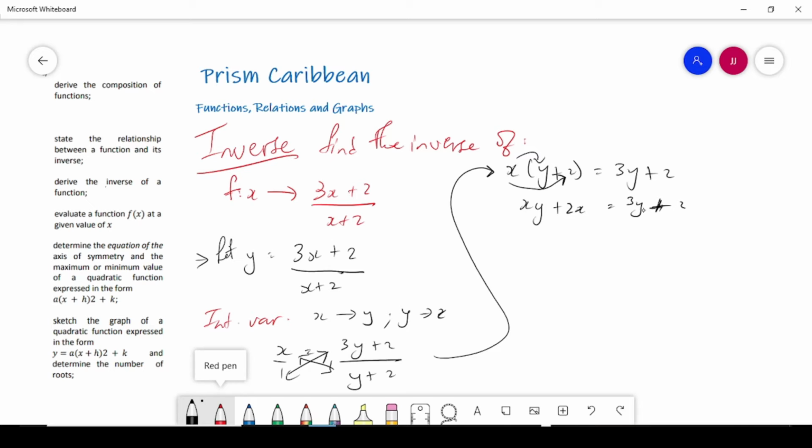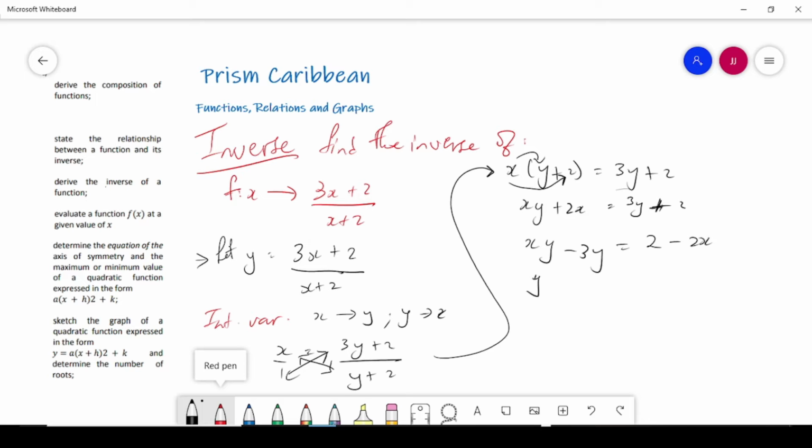Of course, now our big aim is to make y the subject of the formula. So let's bring all the y's across to one side. So xy minus 3y, because we bring the 3y across, is equal to 2 minus 2x, because we also bring across the 2x, which becomes minus 2x.